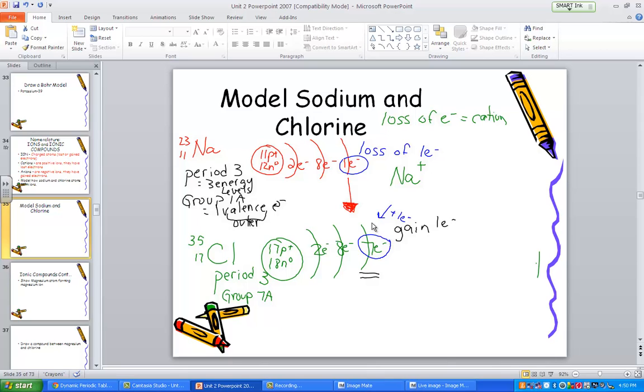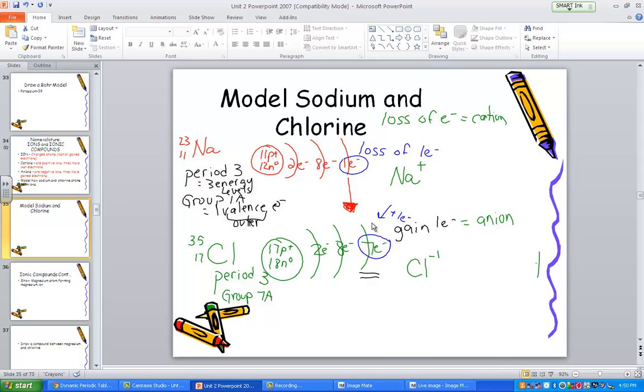The chlorine gained an electron. Gaining an electron produces an anion, a negative ion. The chlorine started neutral, but by putting in an extra electron, it now carries a -1 charge.